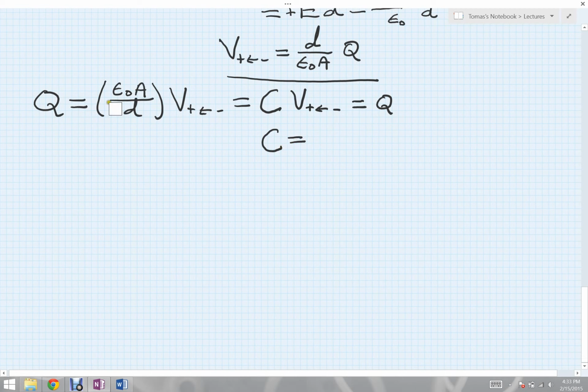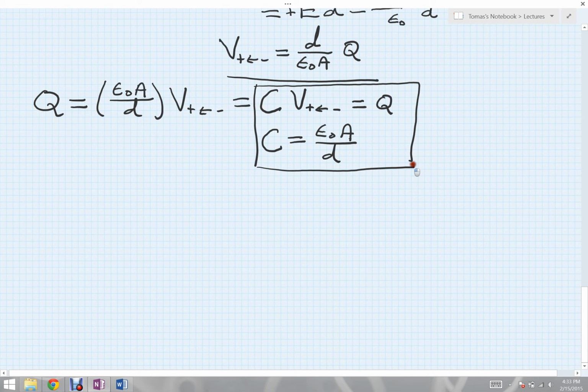In the case of a parallel plate capacitor, it has the value of epsilon naught times the area of the plates divided by their separation. So let's just put a box around these key equations for a capacitor. The top one is a general result, and the lower one is for parallel plate only.